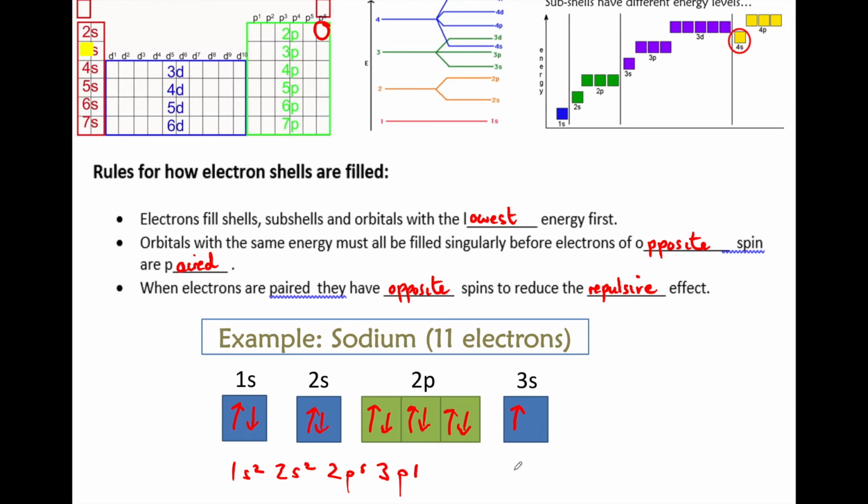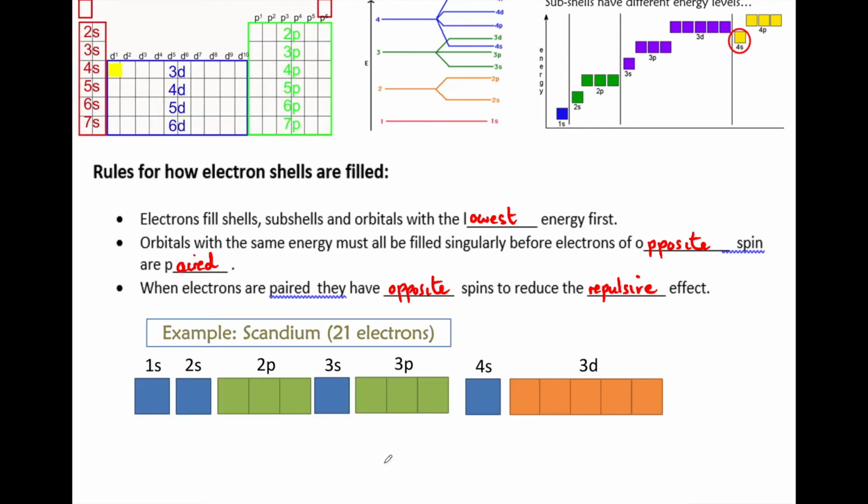So if you want to do a sodium ion, then its subshell configuration will be that, because it will be full. So that will be a sodium ion rather than a sodium atom. So be careful what they ask.